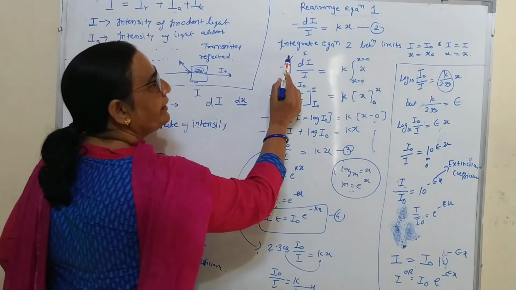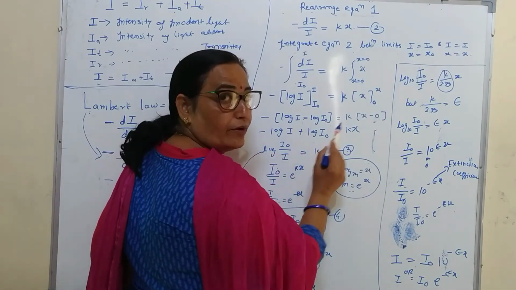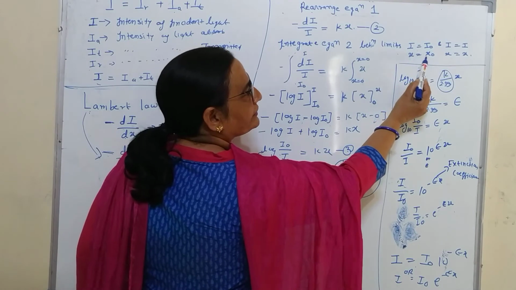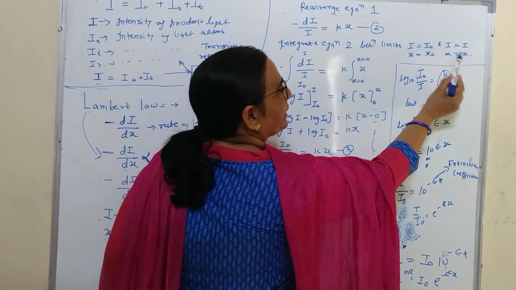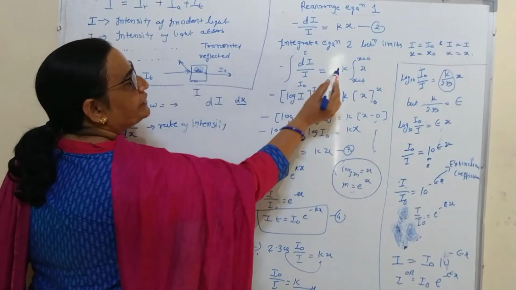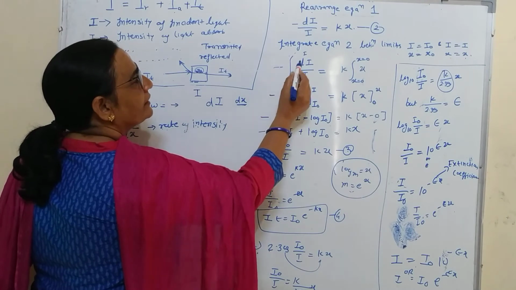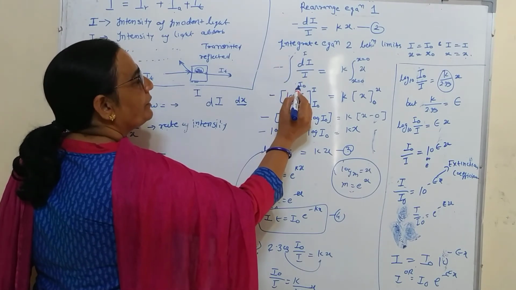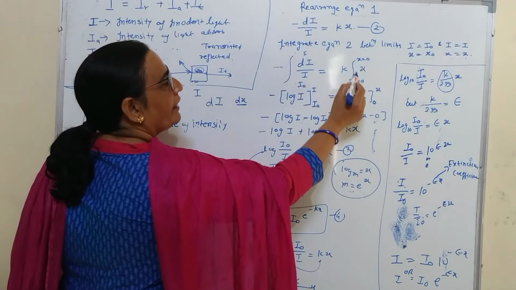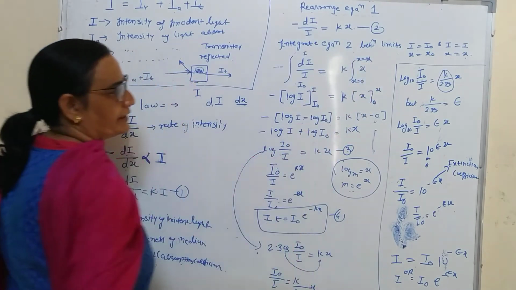Now integrating equation 2 between limits I is equal to I0 and I is equal to I, upper limit; x is equal to x0 and x is equal to x. So now इसका इंटीग्रेशन करेंगे, हमने साइन लगा दिए हैं, हमने माइनस इंटीग्रेशन बिटवीन I0 I dI by I is equal to k, dx का इंटीग्रेशन x is equal to 0 और x is equal to x के बीच में करेंगे.